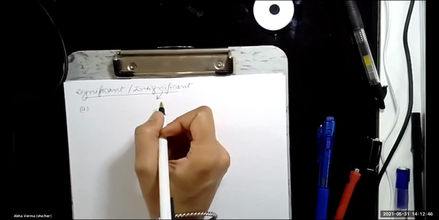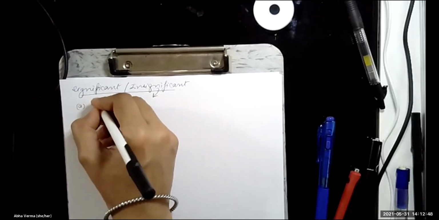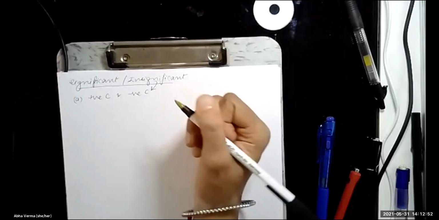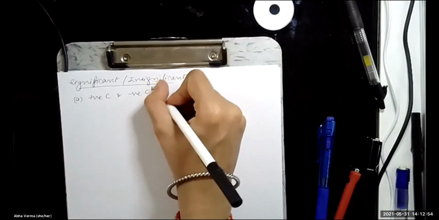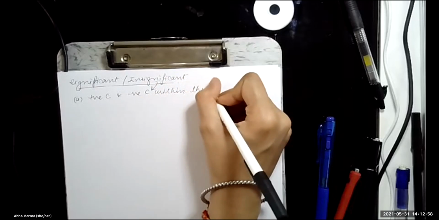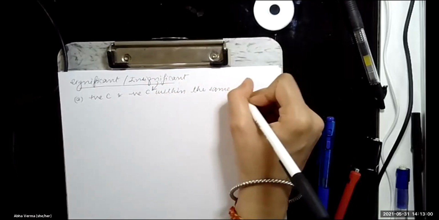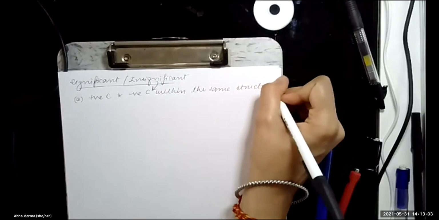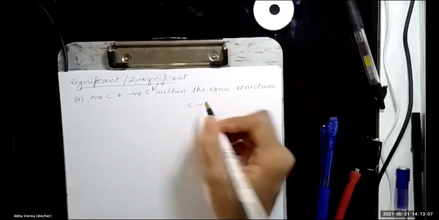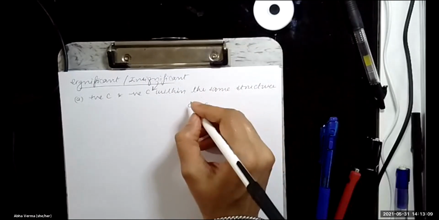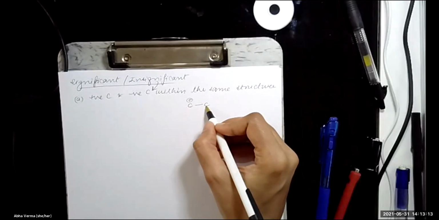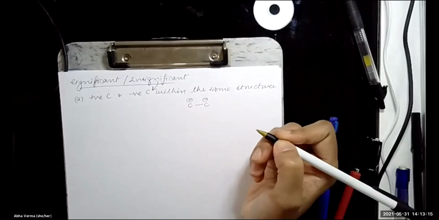Most insignificant structures will have a positive carbon and a negative carbon within the same structure. How do they look like? Now remember, chemistry is nothing but opposites attraction. If one atom is positive, the other atom has to be negative.